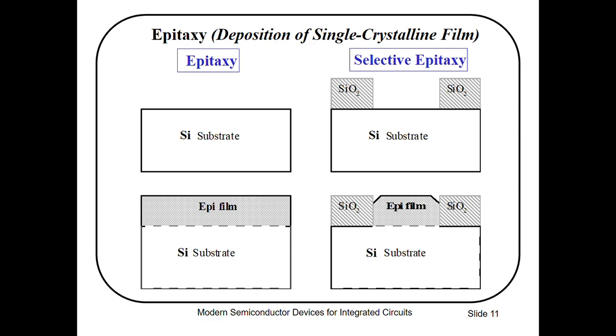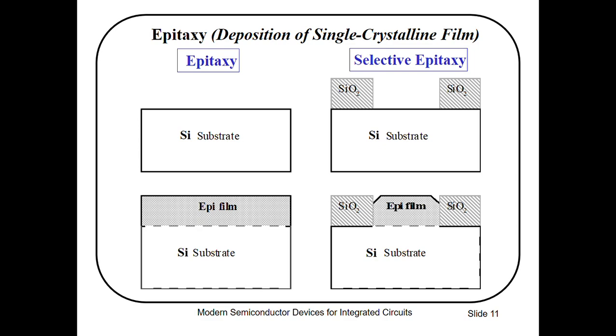Selective epitaxy is a variation of basic epitaxy technology and it has interesting device applications. In selective epitaxy, deposition and etching gas is introduced to simultaneously etch away the material. The net deposition rate is positive.